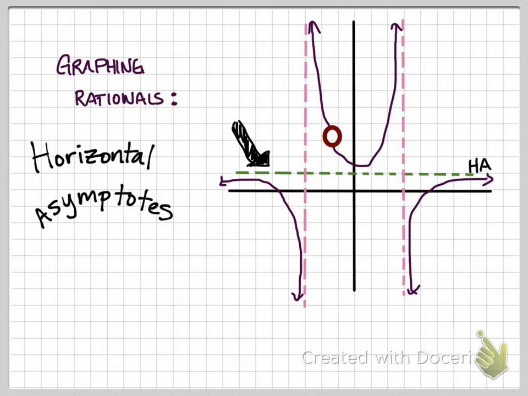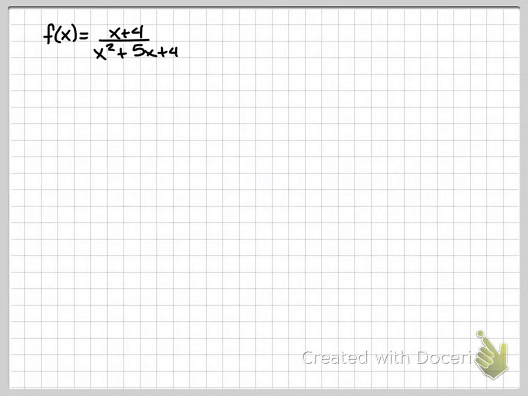This one happens to be horizontal, so that's our horizontal asymptote. So we're looking at this function here, and we want to know where its horizontal asymptote is. Maybe it has one, maybe it doesn't, but we want to find out. There are 3 rules in finding horizontal asymptotes, and all of them involve looking at the degree of the function. If you look at this top function, just this part right here, we have x plus 4.